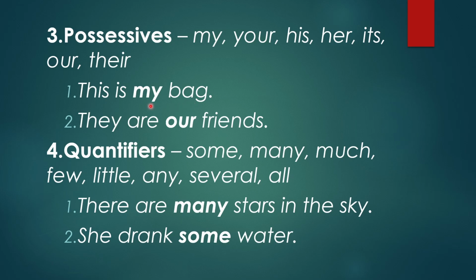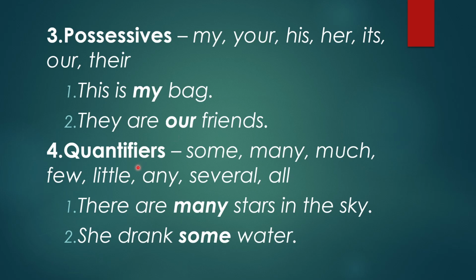This is my bag. So the word my is showing the ownership. Next example, they are our friends. So here the word our is specifying the ownership, whose friends they are. So these words which show ownership, possession, are called possessive determiners.